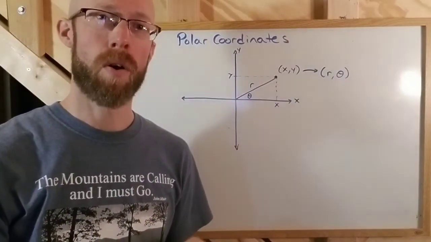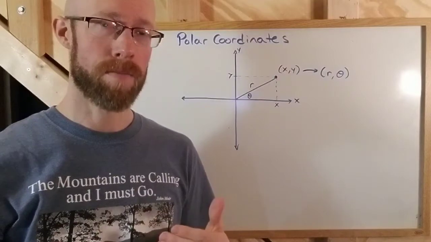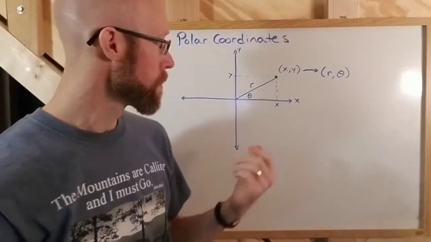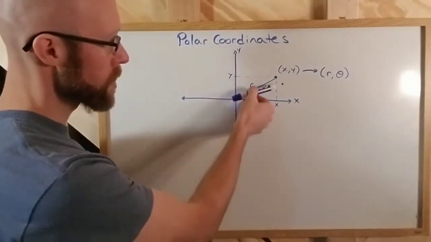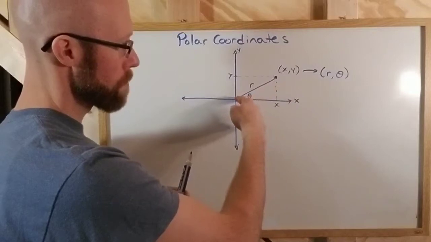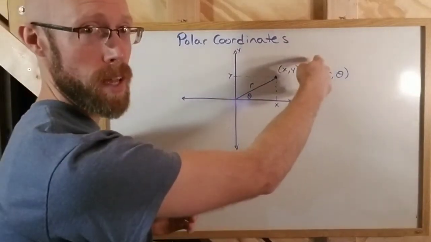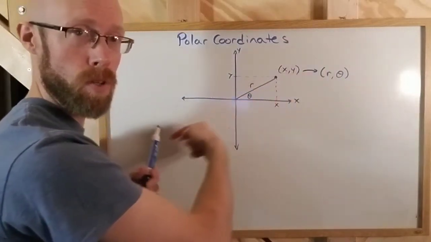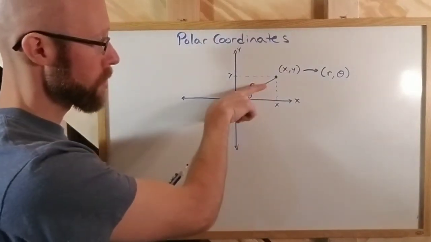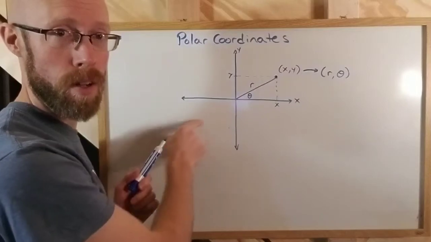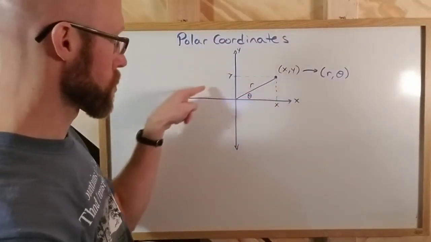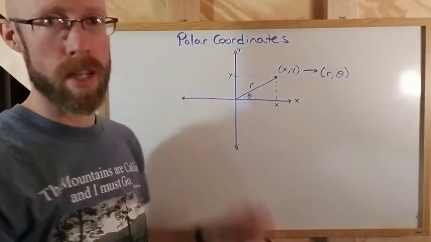Well, we're going to allow r to be negative as well, a negative radius. Seems a little bit strange, but for instance, if you had a 30-degree angle, a positive radius would go in the same direction as the angle. A negative radius would go 180 degrees the other way. So if you had a 30-degree angle with a -2 radius, it would be out in the third quadrant, equivalent to a 210-degree angle.